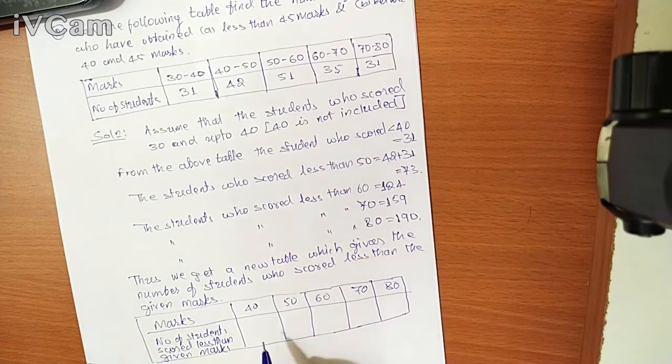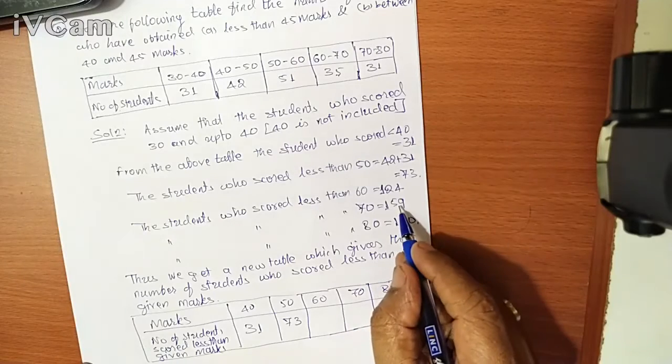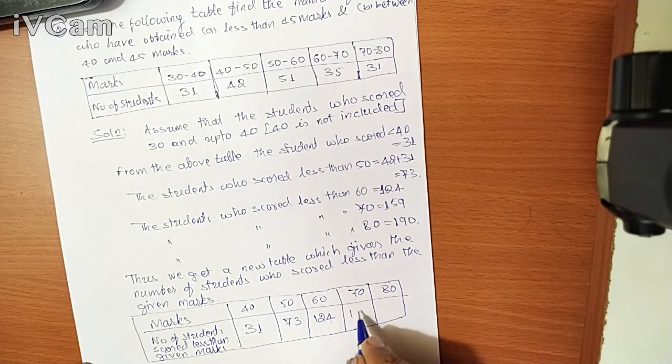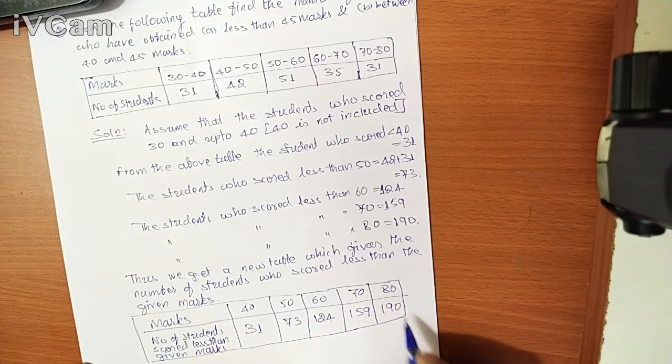Obviously, the students who scored less than 40 will be 31, less than 50 will be 73, less than 60 will be 124, less than 70 will be 159, less than 80 will be 190.